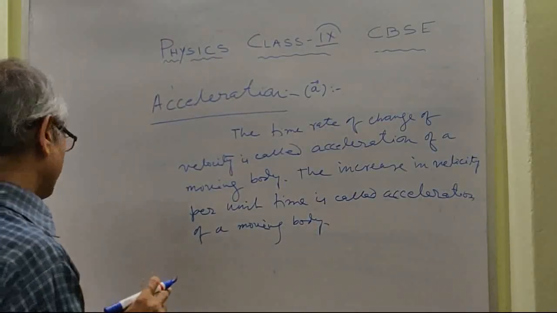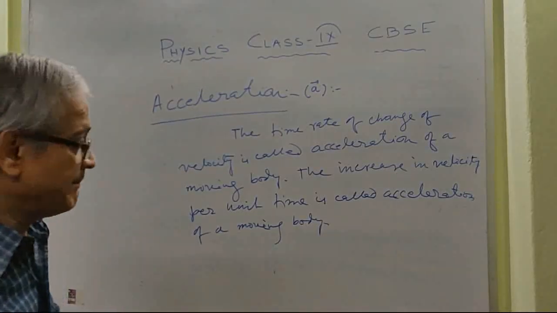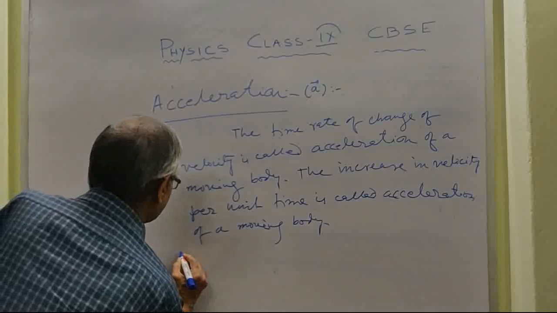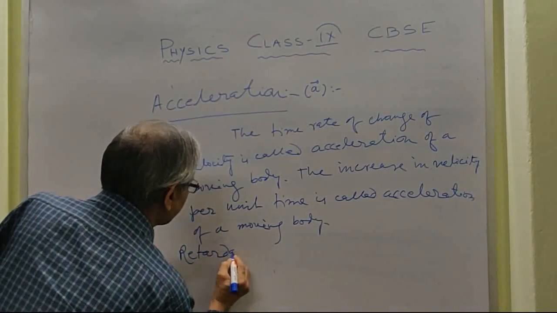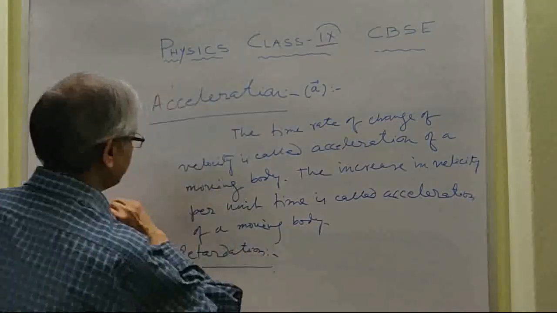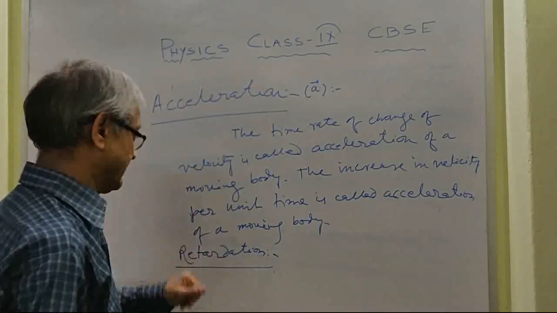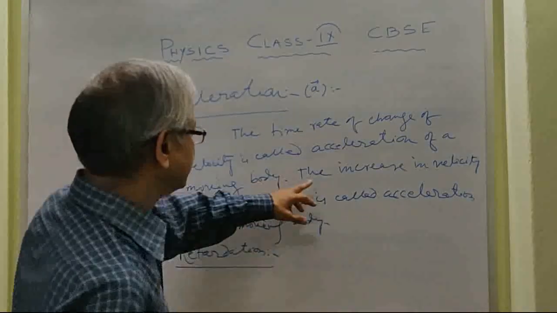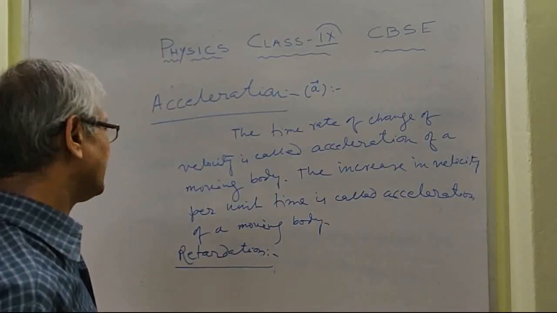Now, we know retardation or deceleration. At first we define them, so that you remember these physical quantities easily. Retardation. Here we write that decrease in velocity per unit time is called retardation of the body.